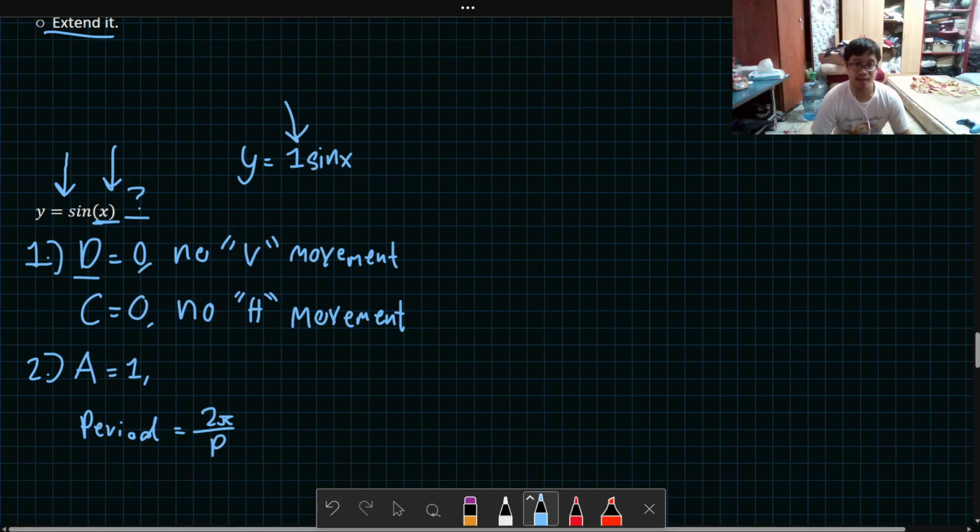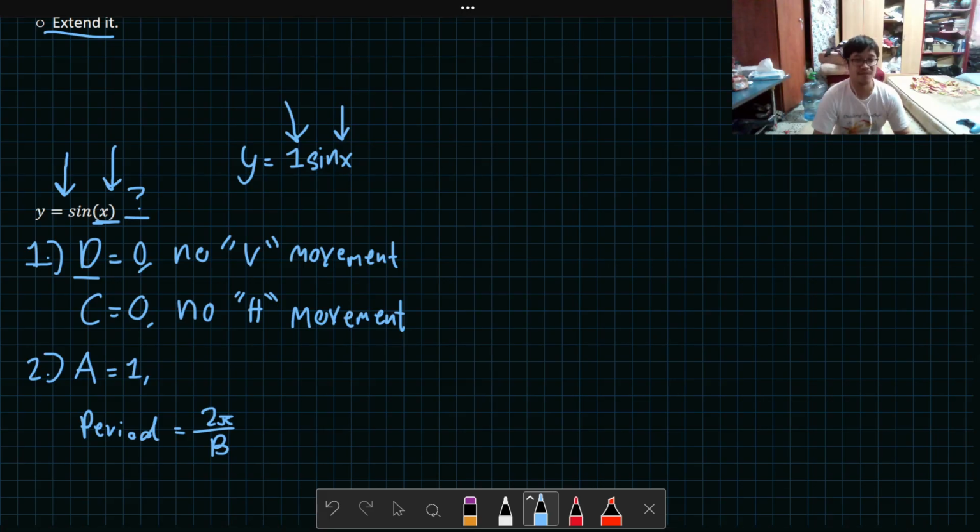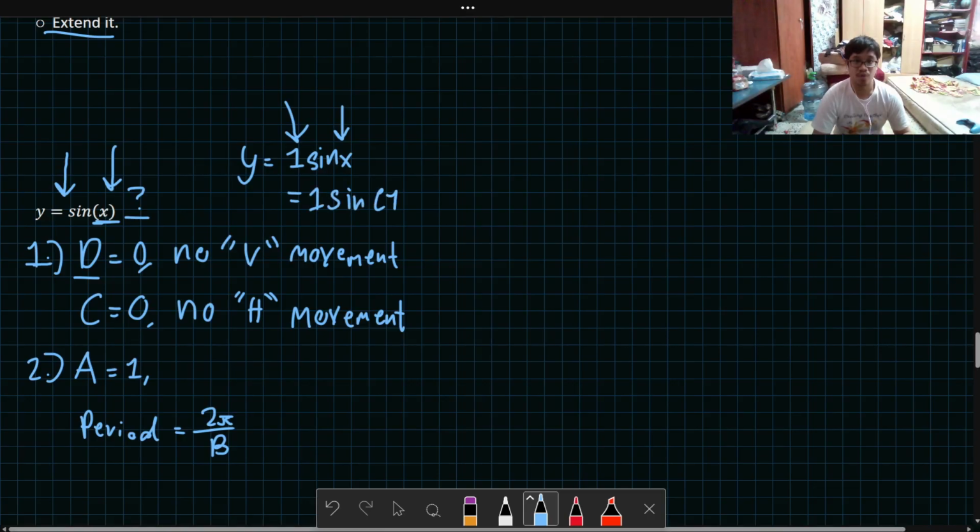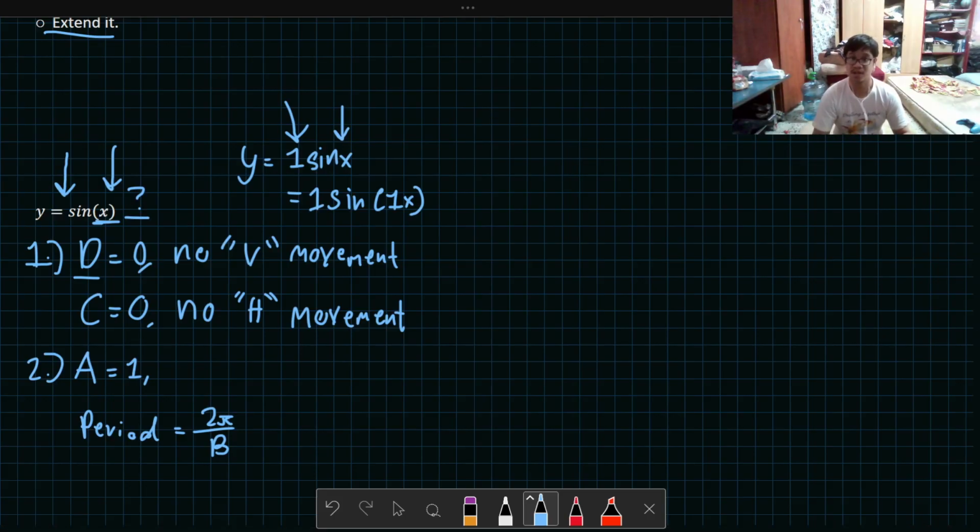B is the coefficient of your X. And just like the rest of the other letters, it's not visibly given, like there's no number beside X. But just like how we find the coefficient of sine x, this x here is just the same as 1x, because 1 times x is just the same as x.